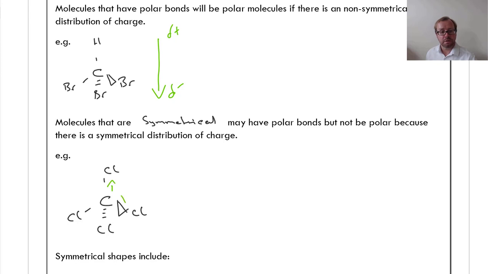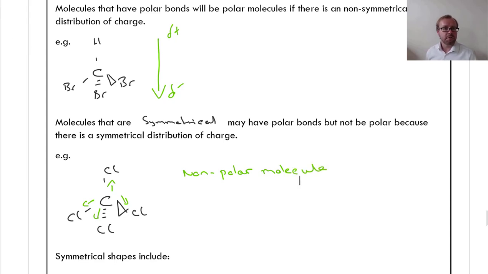But the chlorine is pulling the electrons equally in each direction. This means that there is no overall charge, and therefore this is a non-polar molecule. I hope that makes sense.